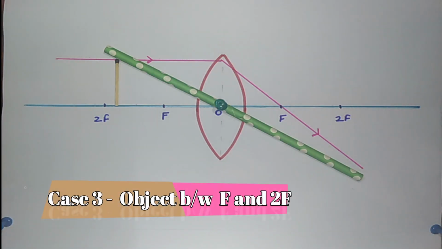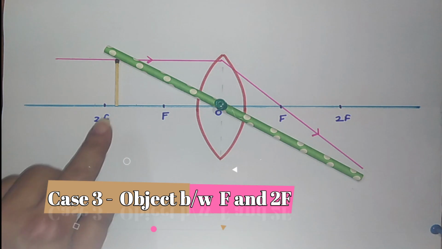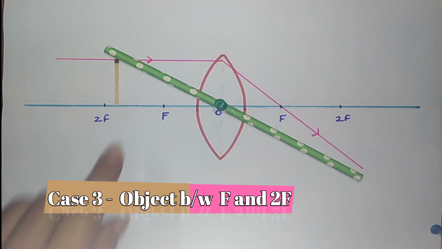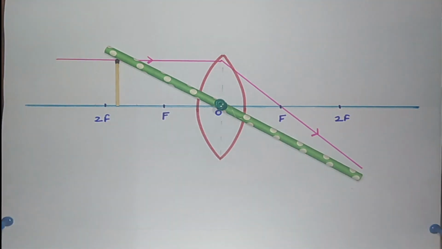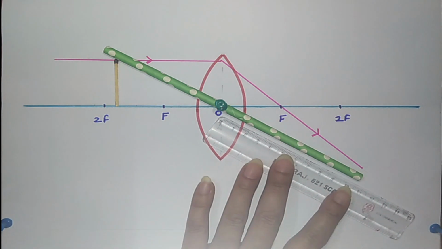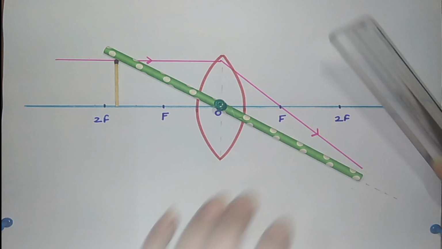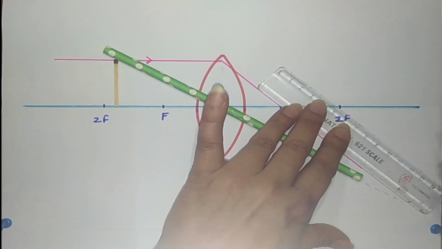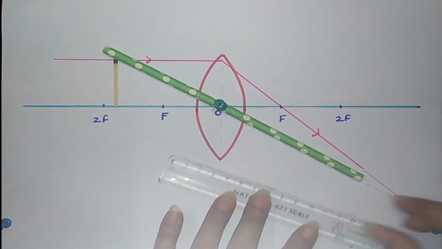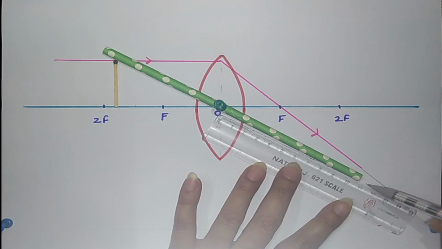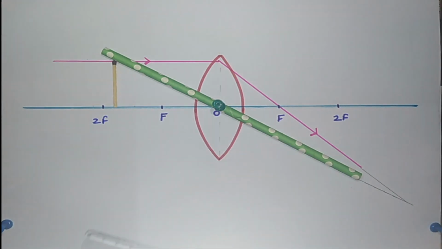Now let us discuss case 3, when the object is between F and 2F. This is the way you will be getting the setup. Since there is a small gap left over here, we need to extend these two lines so that they can intersect. After extending them, we find that they meet at a point beyond 2F.